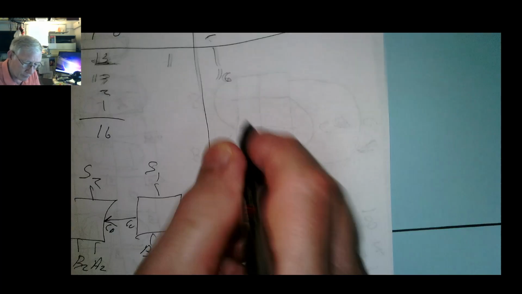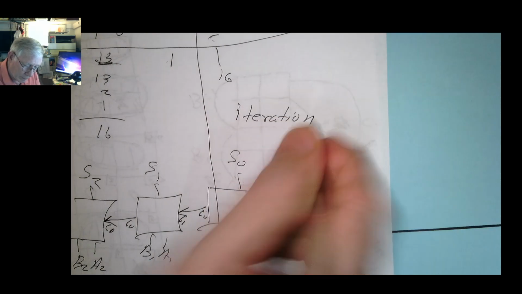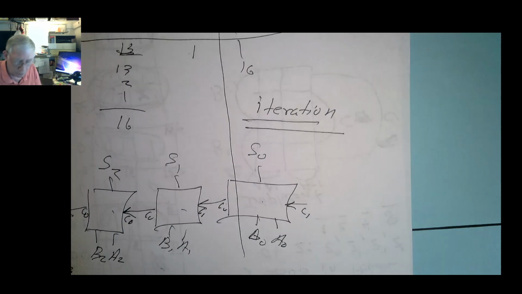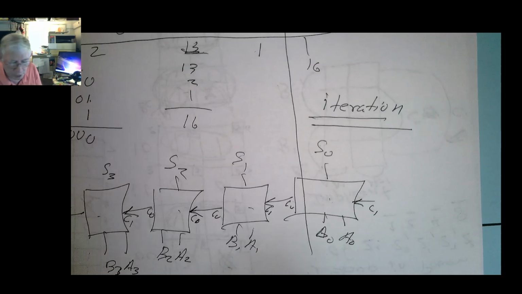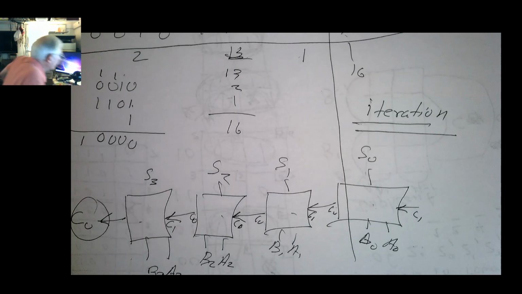Let me write that. What we do is we take our 1-bit adder and we iterate it 3 times to get 4 of them, and that gives us a 4-bit adder. And it's a whole lot easier to do that design than to use a truth table with 512 rows and try to figure out how to simplify that.